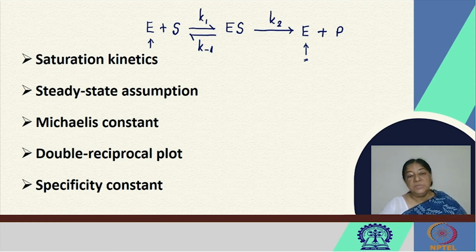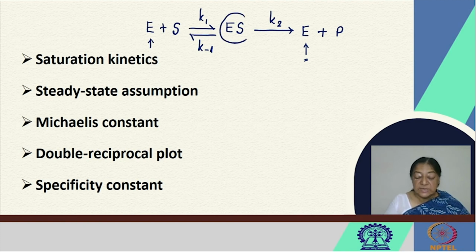This is important, and our expression for the Michaelis constant indicated that we could consider a steady state assumption for the ES complex, where we equated its rate of formation with its rate of disintegration, and we got expressions for the Michaelis constant.